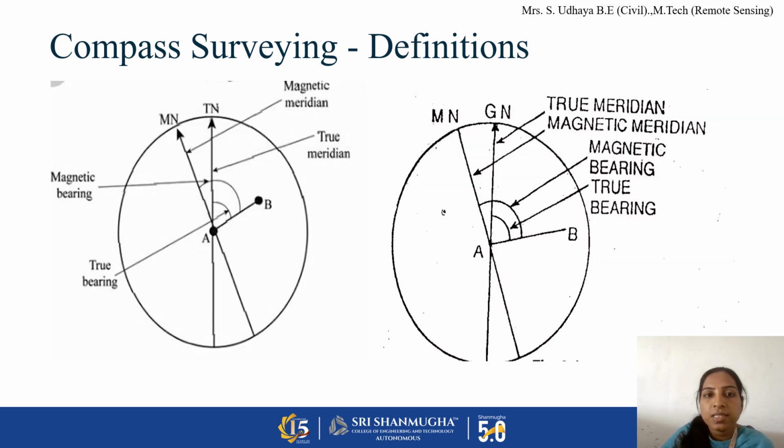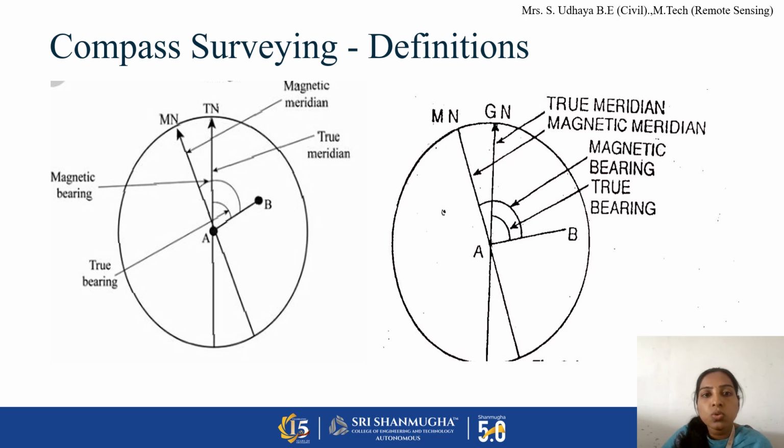You can see the true meridian and magnetic meridian in this picture. In the first image, you can see the true north, the geographical north pole of our earth. Then look at the second arrow, written as MN, which is the magnetic meridian, the north direction shown by our magnetic needle.